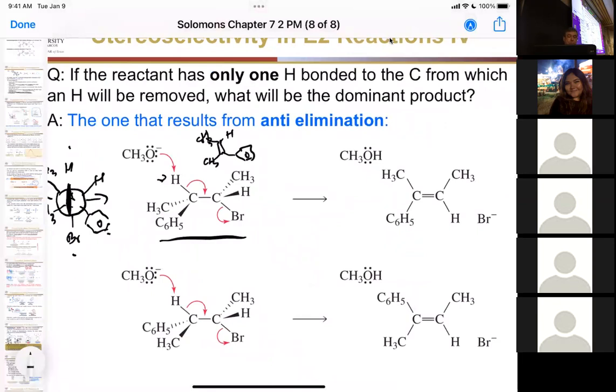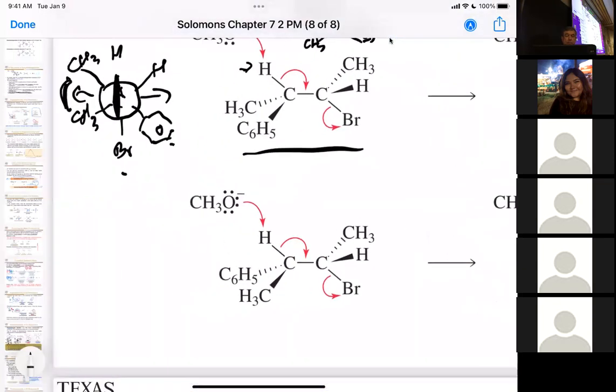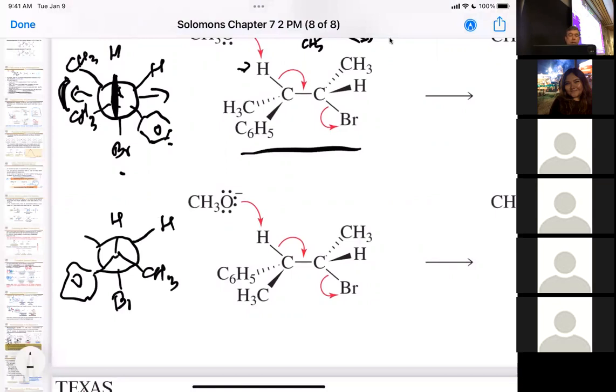But if we had the other isomer, and this is actually another isomer, we would have C, H, and then the methyl group is on this side here, and the phenyl group is on this side here. And then to get that periplanar, we're going to want our bromine down here. Our hydrogen is sticking out on this side, and our methyl group is now sticking out on this side.